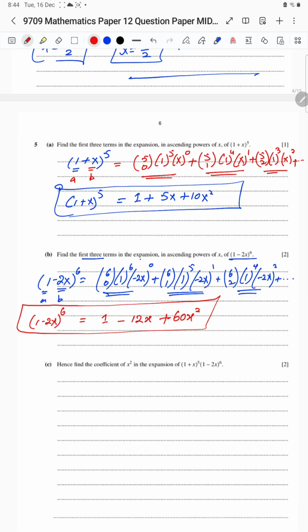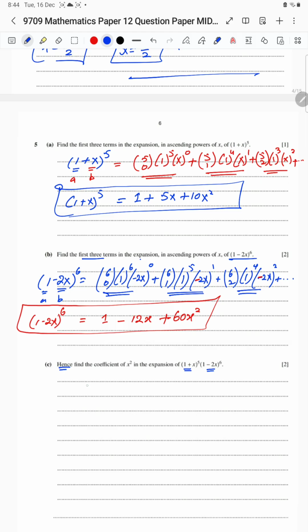This carries 2 marks, because 1 extra mark for this case is just because of this minus. You guys need to be very careful about this minus. If you ignore it, you will get the wrong answer, and that will affect the onward part as well. Okay, finally it says hence find the coefficient of x squared in the expansion of this and this.